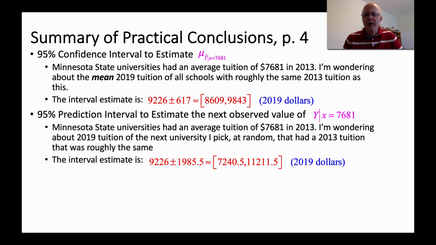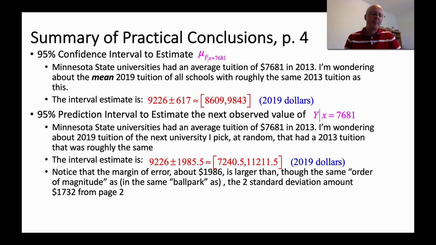Yeah, 7241 approximately to 11,211 would be your interval. That's probably too many significant figures. And it's a pretty wide interval. So, you'd probably feel pretty confident in that, but again, you'd have to compare it against actual data.